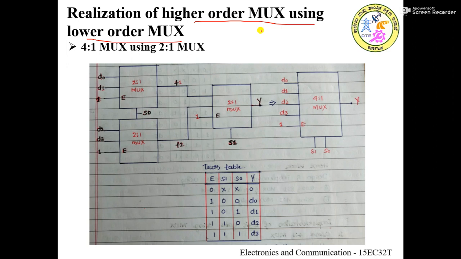So this realization of higher order multiplexers using lower order multiplexers situation arises whenever we don't have the higher order multiplexer ICs with us, but what we have is the lower order multiplexer ICs in our lab. Then we can still implement the functionality of higher order multiplexers using their lower order variants.